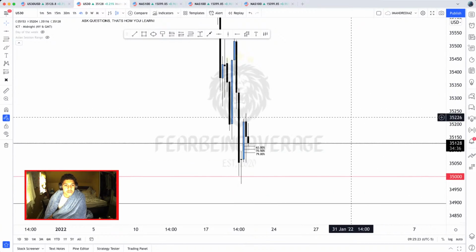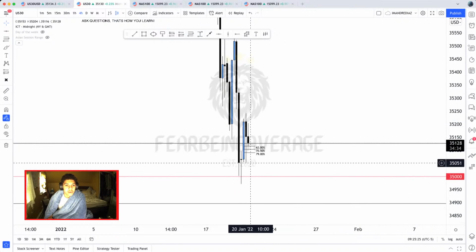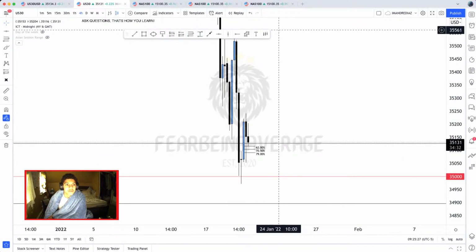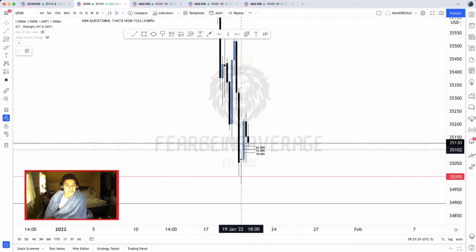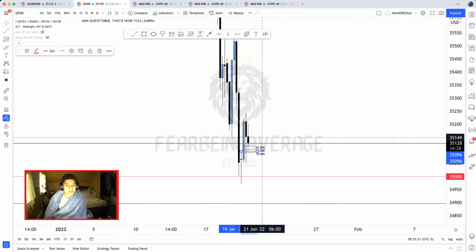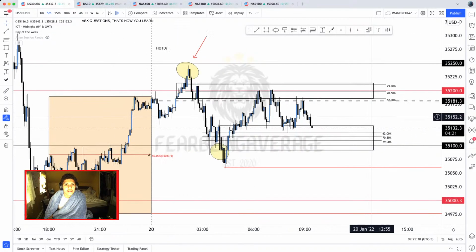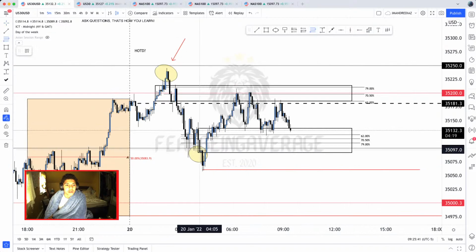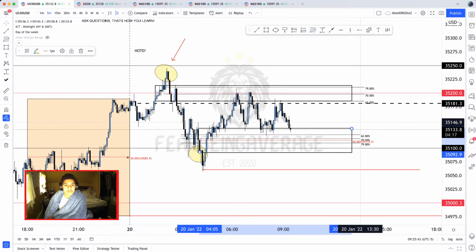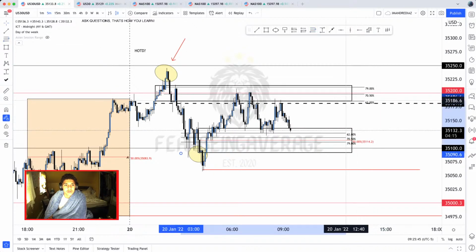Now we're coming down to these potential fib longs, so we'll see what happens. This is about 35,100 general area down here. So we'll see how price reacts, how we hold this order block.